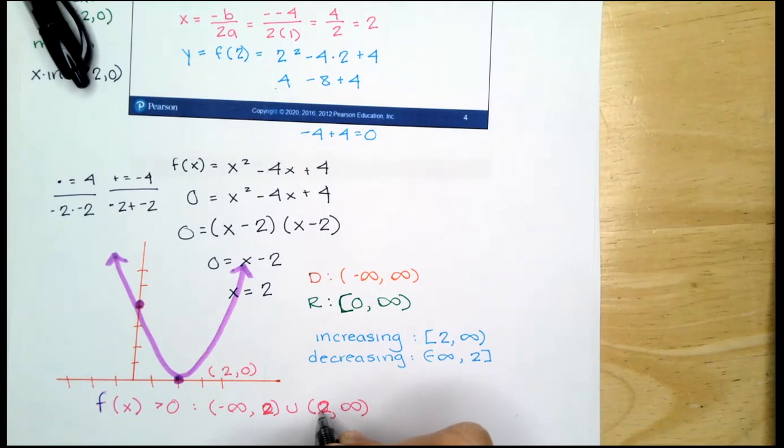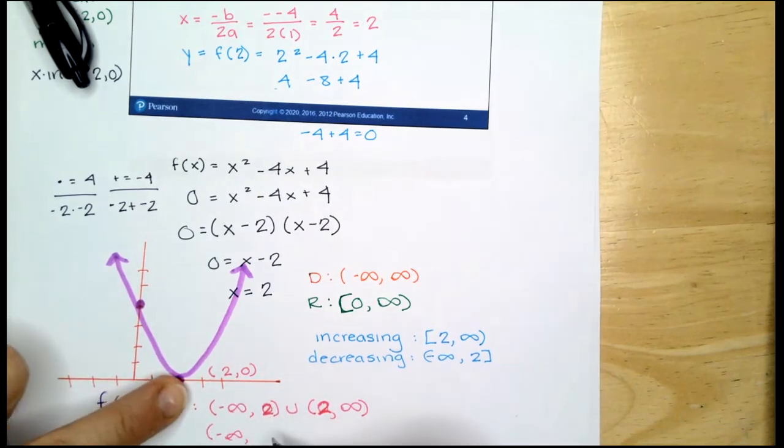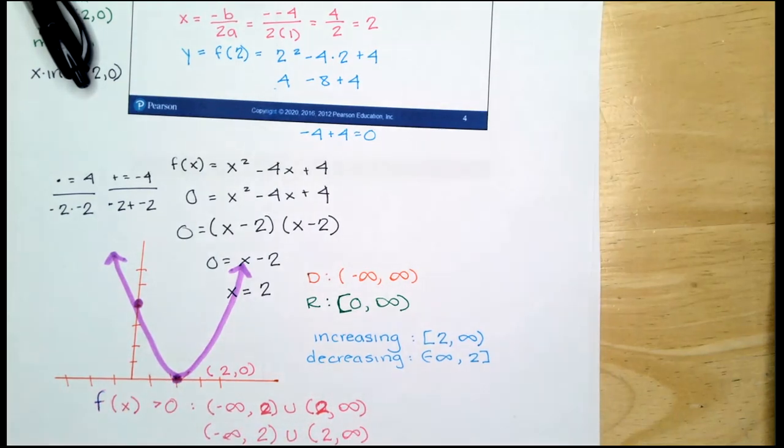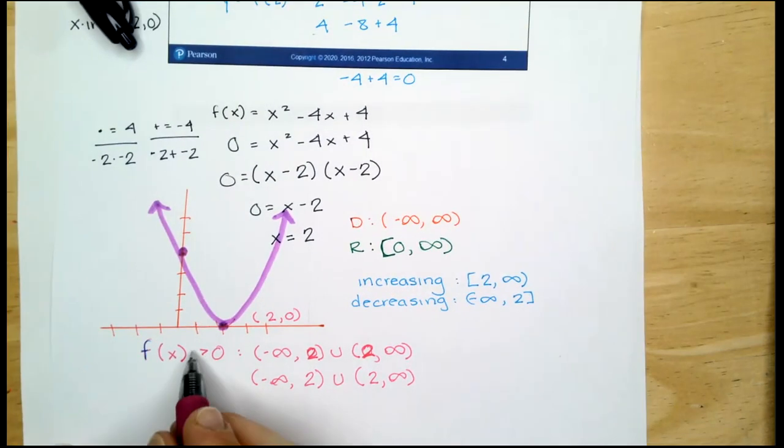This is hard enough to learn without me making mistakes. So from negative infinity until a positive 2 on our x-axis, stop at 2 because not including 2, that's where it touches 0, and then again after 2 and until forever, we are greater than 0. We're not less than 0 anywhere. We never go below 0.